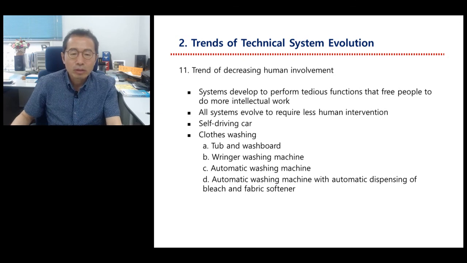The last trend is decreasing human involvement. Technology systems are combined with artificial intelligence technology to develop into smart systems that perform functions that humans want.